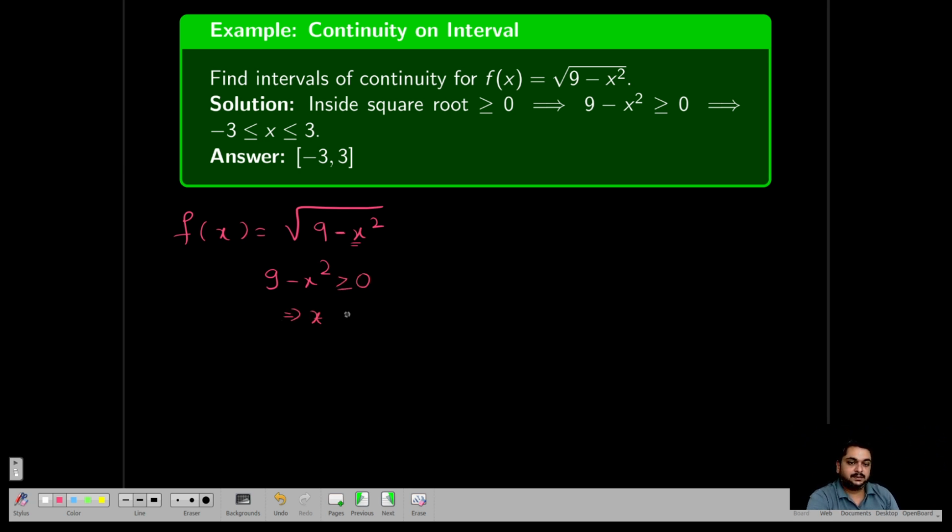That implies x is between minus 3 and plus 3, a closed interval. If I put minus 3, it will be square root of 0. If I put plus 3, it is square root of 0. If I put any number smaller than minus 3 or greater than plus 3, it will not work. So the answer is this closed interval, where this curve is continuous.